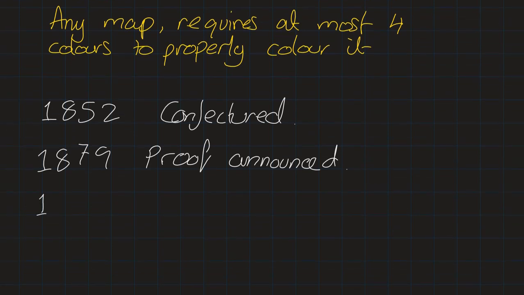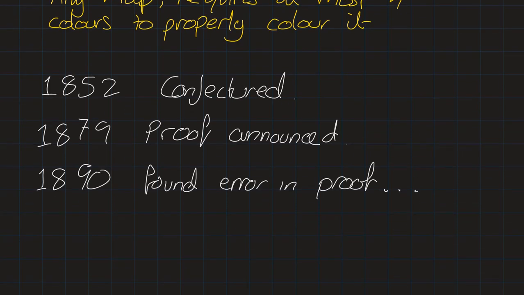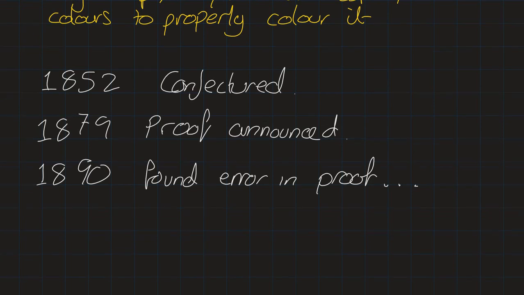And then everyone was happy for a while until 1890 when someone found an error in the proof. So someone actually went back and reread this proof, and they realized that there's a mistake in it. Okay?